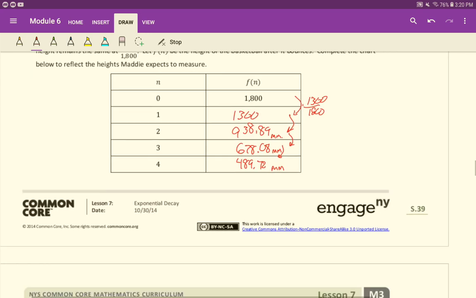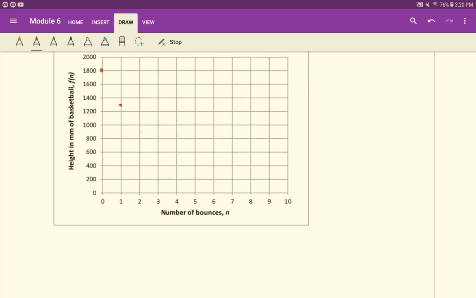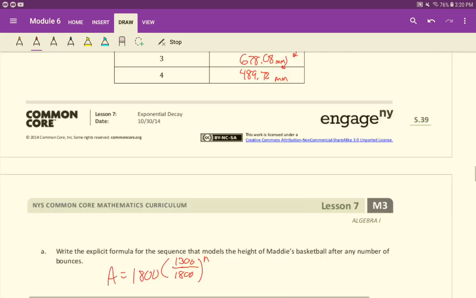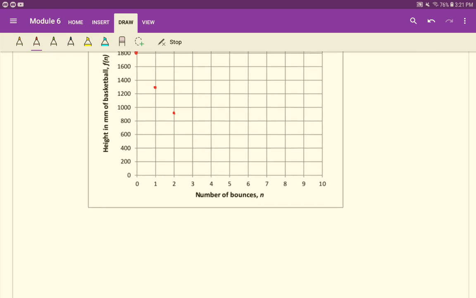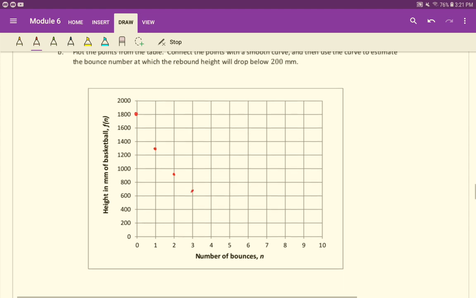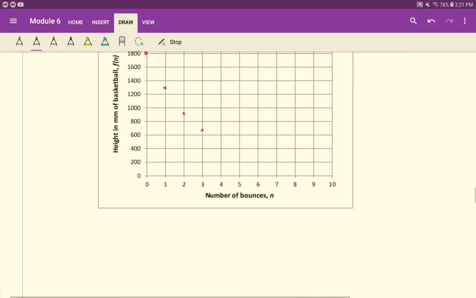At 2, it's 938.89. So 900 and then 38 would be a little bit right there. 3 is 678, so that's going to be right here. 4 is 489, so something like that right there.